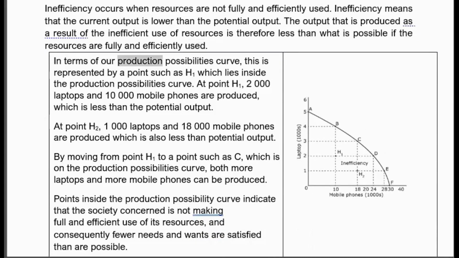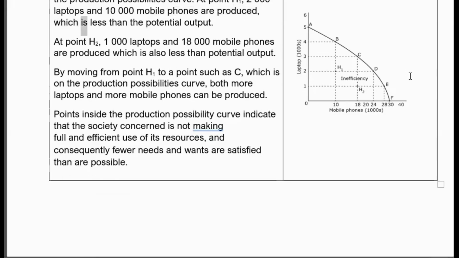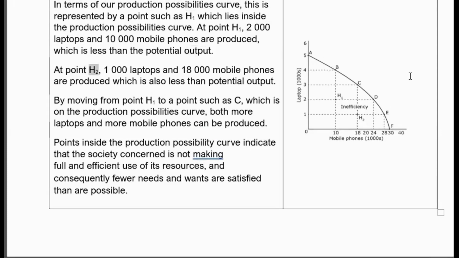In terms of our production possibilities curve, this is represented by a point such as H1, which lies inside the production possibilities curve. At point H1, 2,000 laptops and 10,000 mobile phones are produced, which is less than the potential output. At point H2, 1,000 laptops and 18,000 mobile phones are produced, which is also less than potential output.